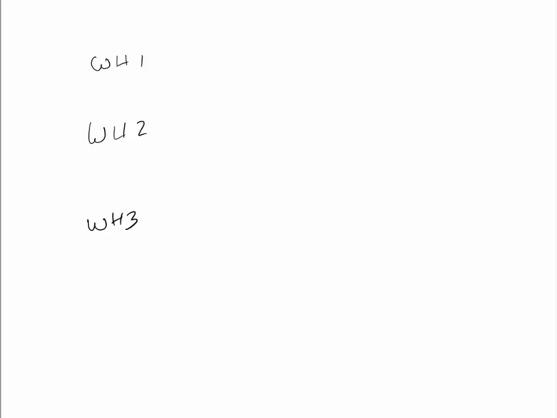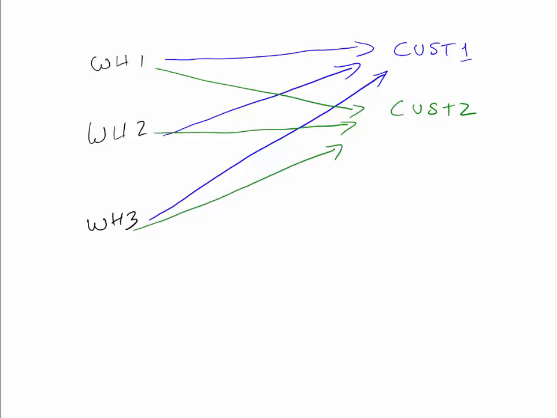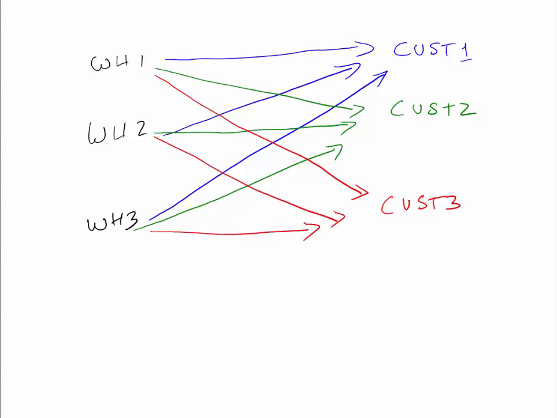Customer 1, and so we have customer 2, and then customer 3. If you look at each set of colored lines, there's only one that's going to be selected to serve that customer, right? So how do we define our decision variables?